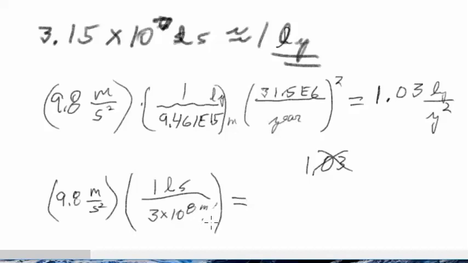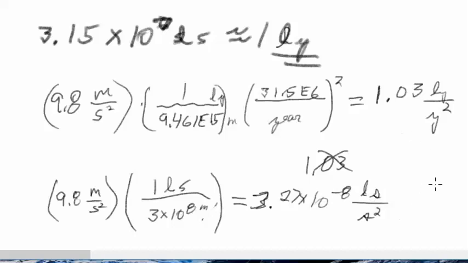It's about 3 times 10 to the 8th. This is coming out to be 3.27 times 10 to the negative 8th light seconds per second squared.